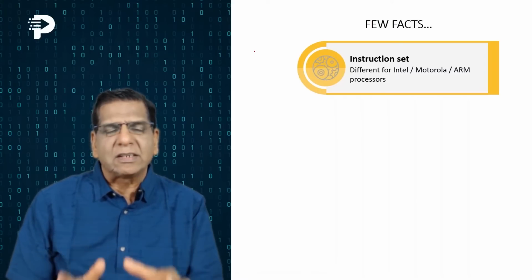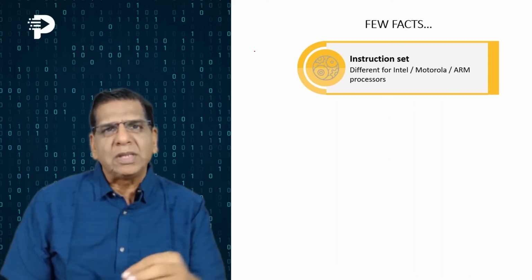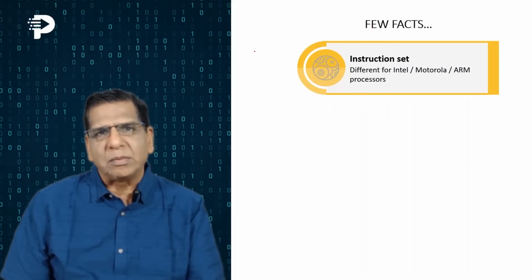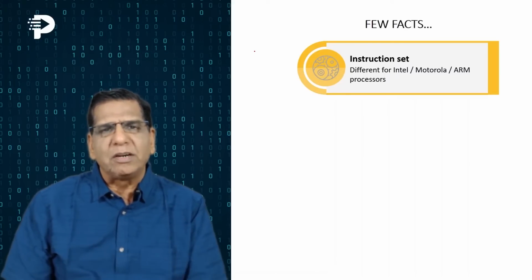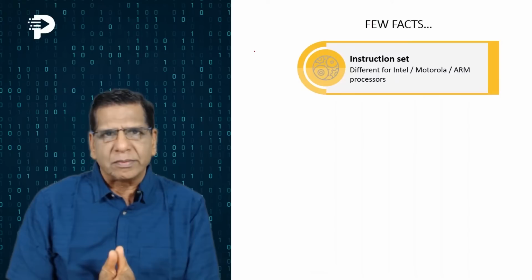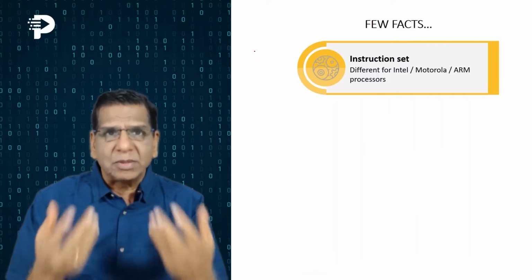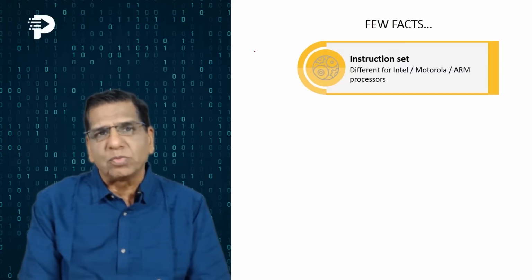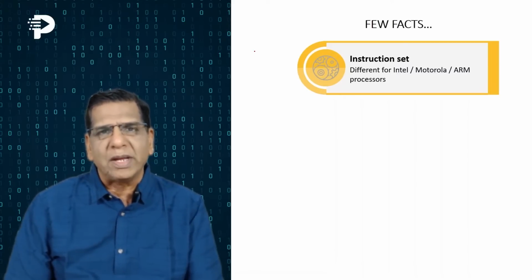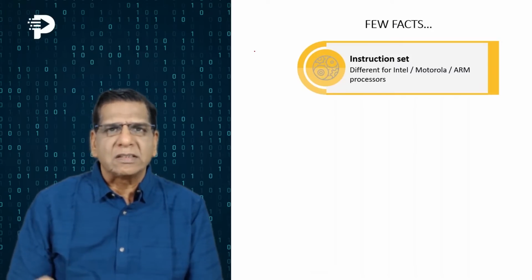When I say that the instruction set is different, I don't mean that the addition and the assignment and the multiplication would be any different across the processors. That would possibly remain the same. But then there are some instructions which might be understood by one processor, might not be understood by another processor. So basically, the instruction set understood by one microprocessor is likely to be different than the one understood by other microprocessors.